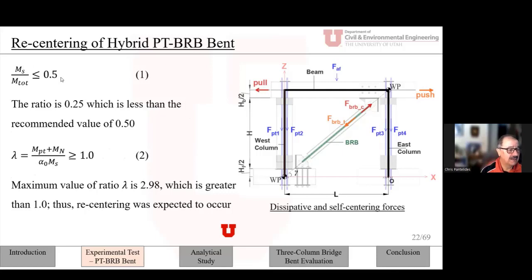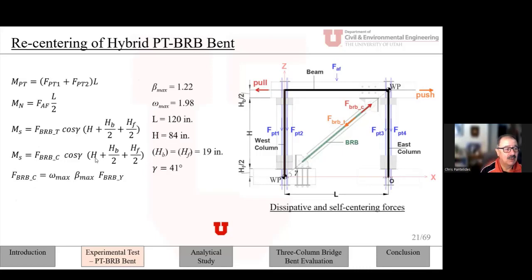And this is the center line of the two tendons. You can see in each column we have two tendons. So if we sum moments about this point here, O, we can see that the self-centering moment is the force due to the post-tensioning bars times the span. The span here is called L.